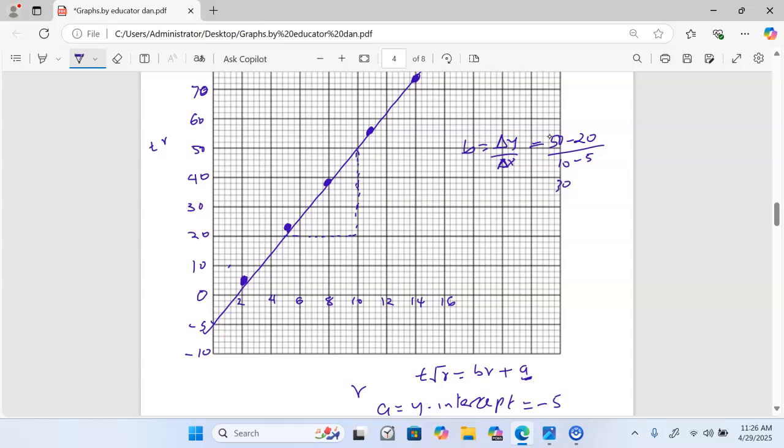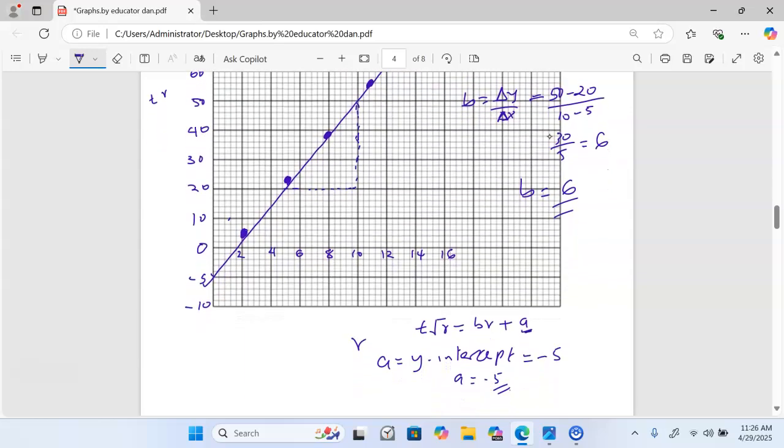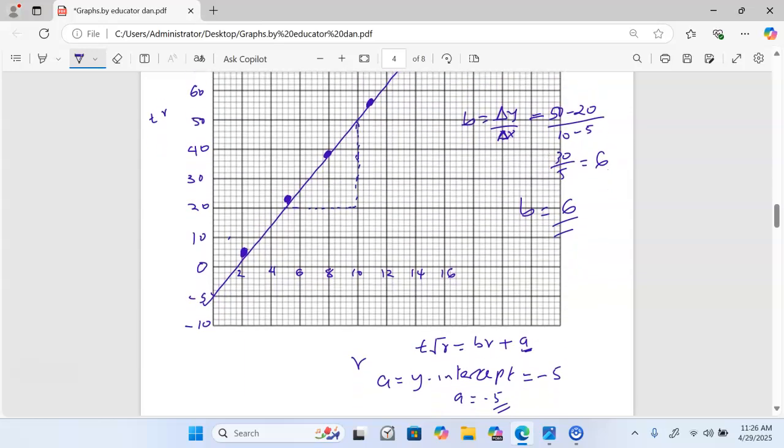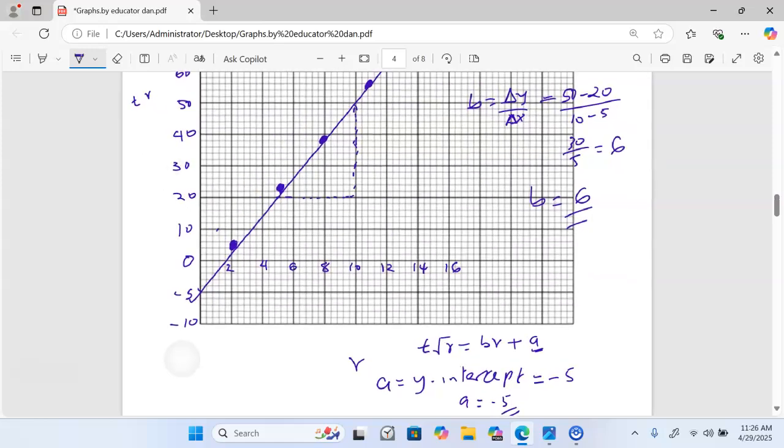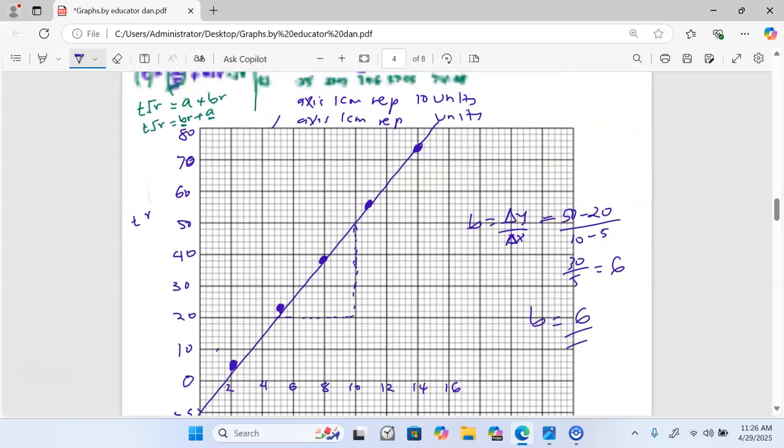This one is going to be 30 divided by 5, which is 6, and therefore our gradient is 6. So we can say the value of B is 6, and the value of A is -5. By so doing, we have tackled this particular question the way it is supposed to be handled.